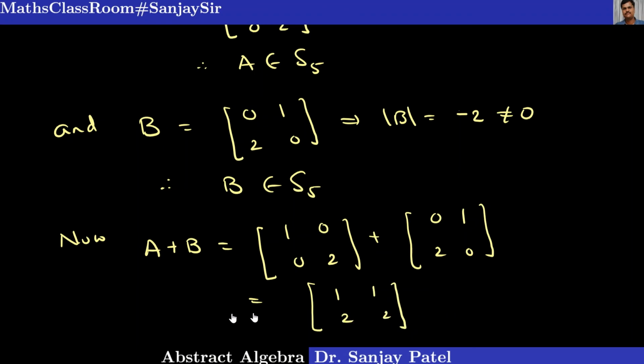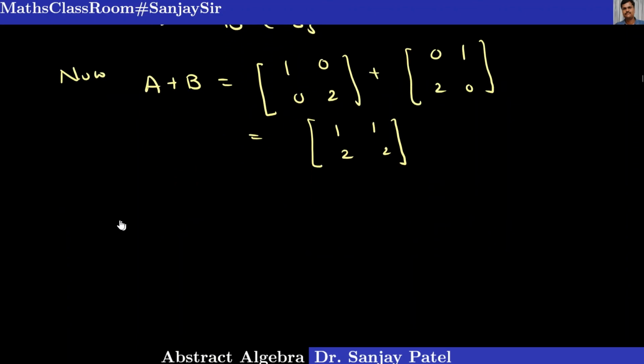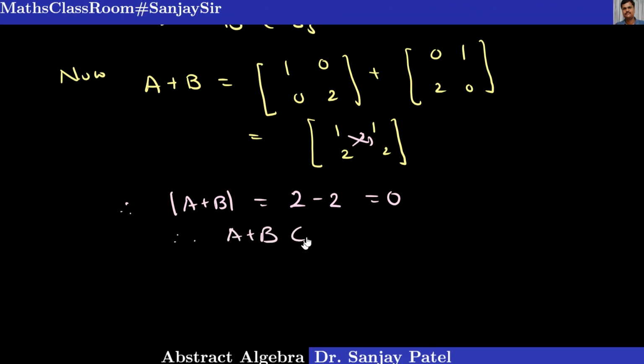And clearly, if you find the determinant of this matrix, that is, the mod of A plus B, then it is 1 into 2 minus 2 into 1. So it is 2 minus 2 equal to 0. So I can say A plus B is not an element of the set S5.